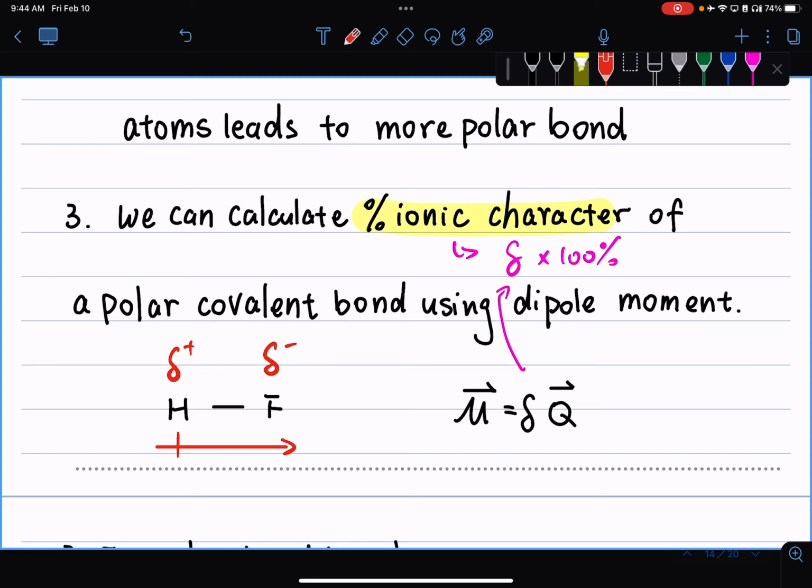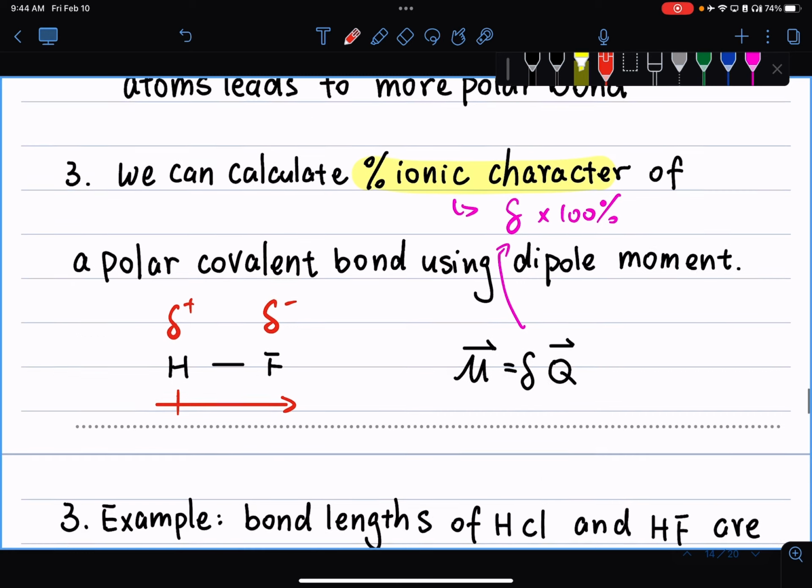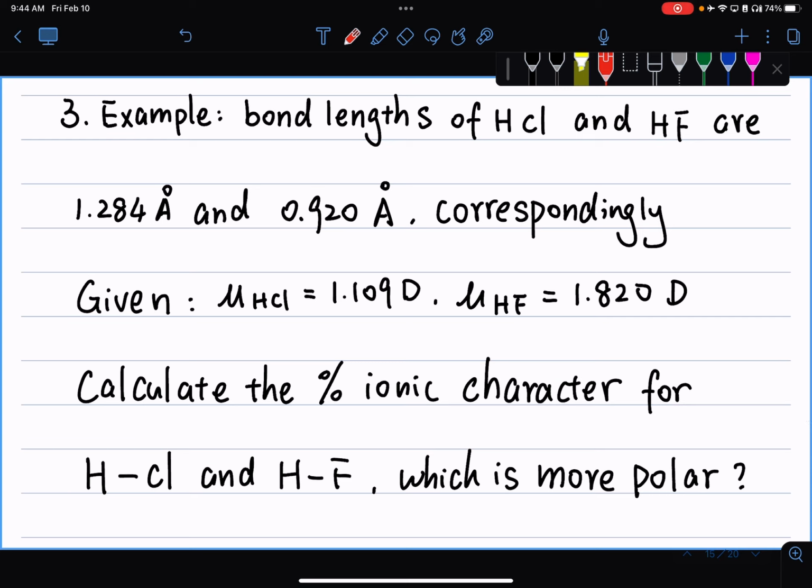All right, let's do another example together. I think I have enough time to finish this example. The example reads: you have bond lengths of HCl and HF given to be 1.284 angstrom and 0.920 angstrom correspondingly.